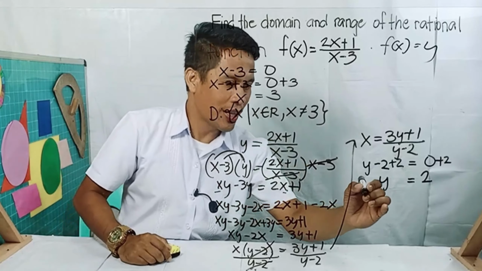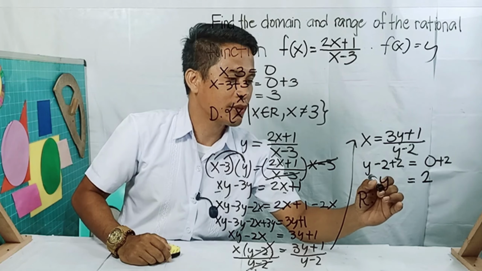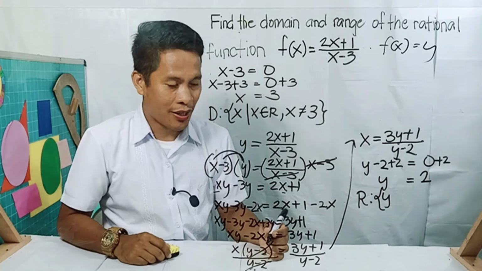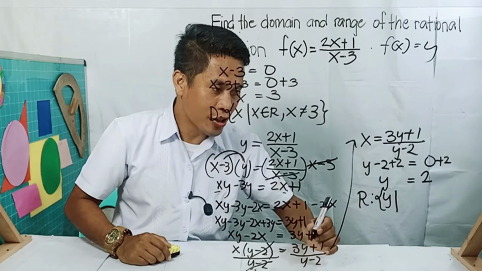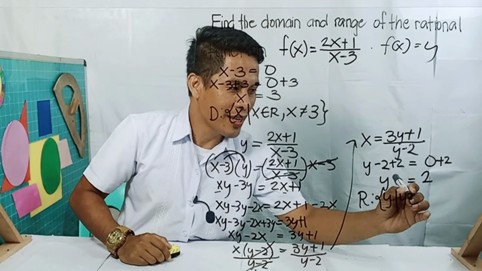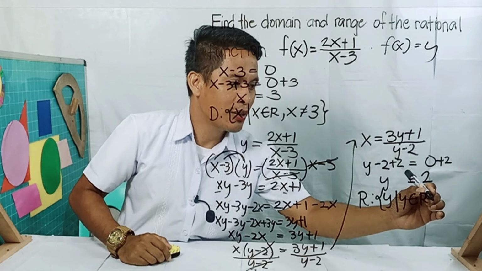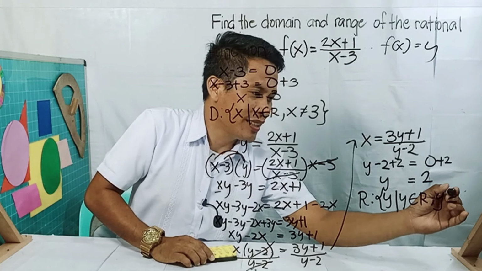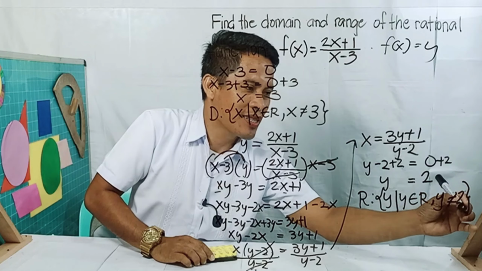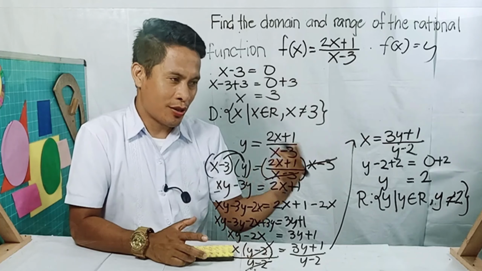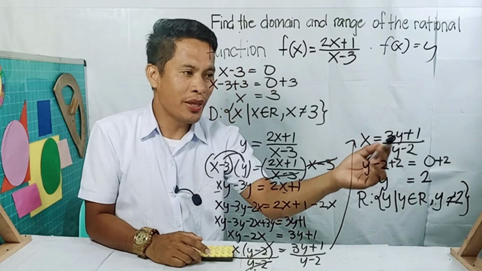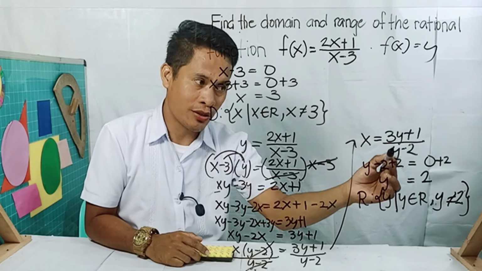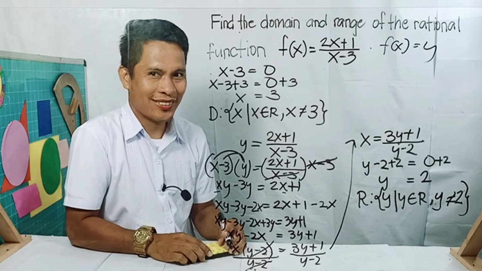Then our range is all the values of y such that y is an element of real numbers wherein y is not equal to positive 2, because 2 will make our expression undefined. 2 minus 2 is 0.